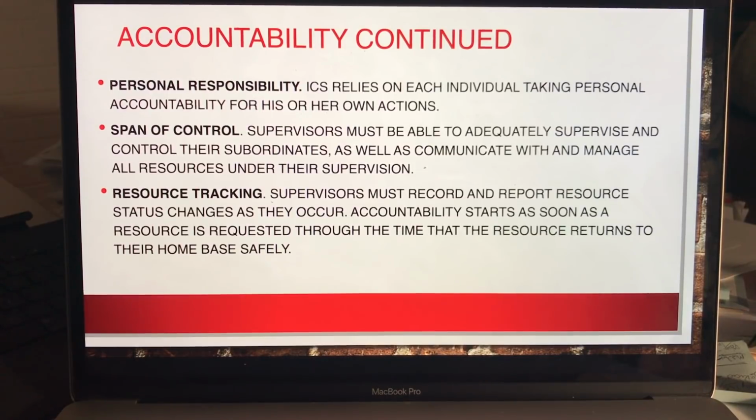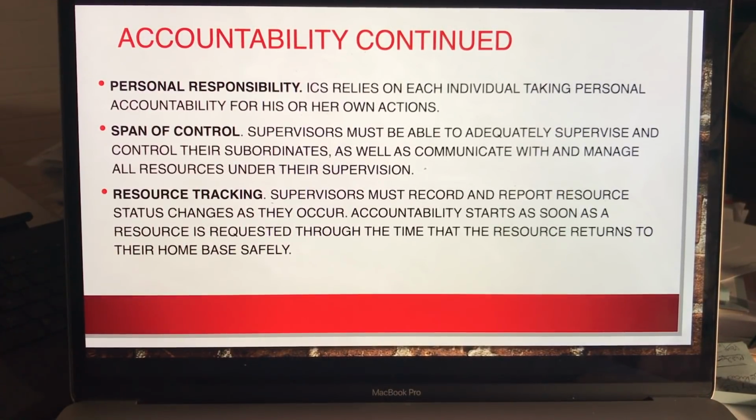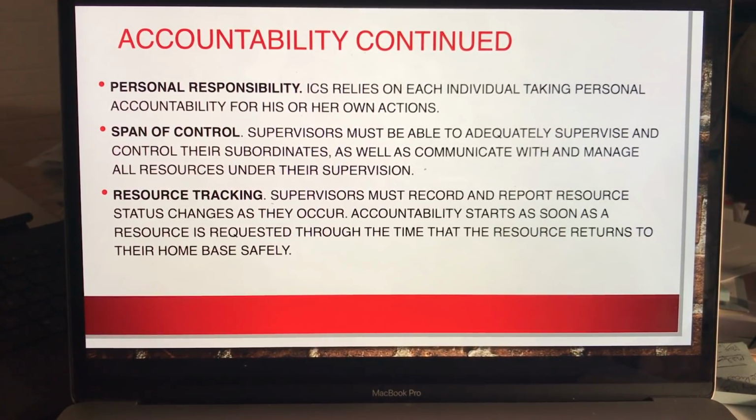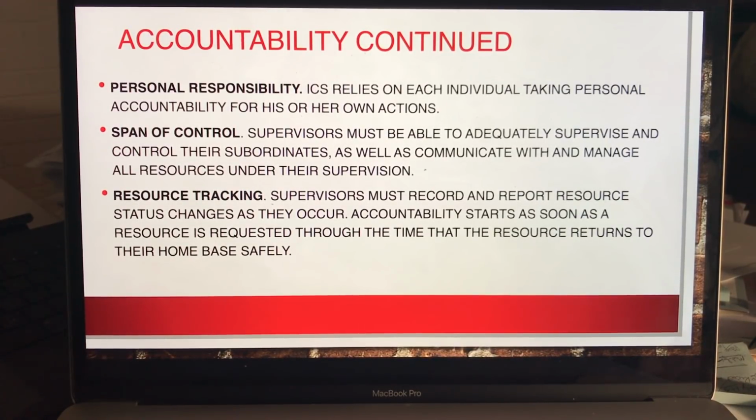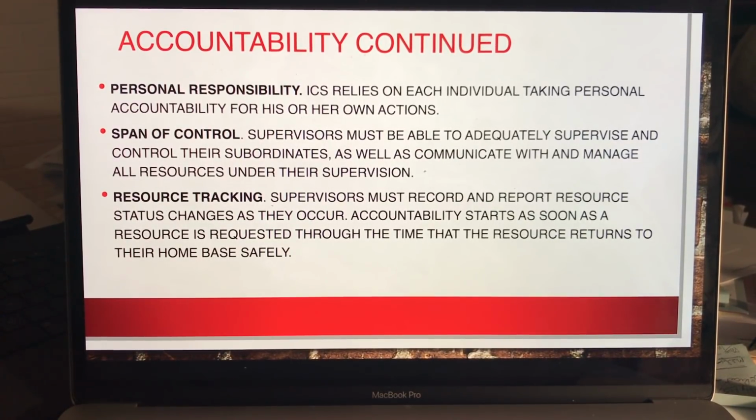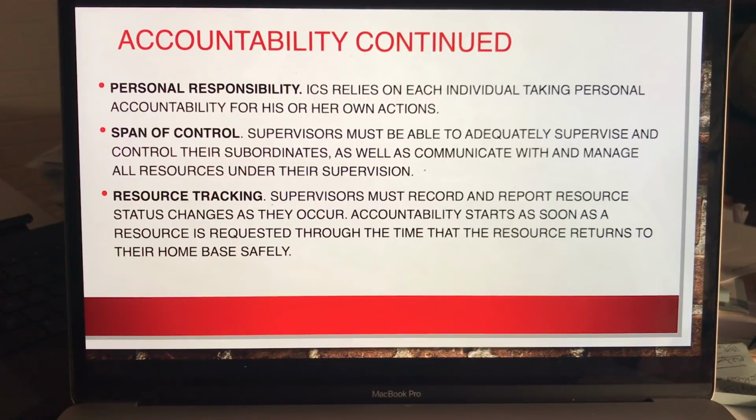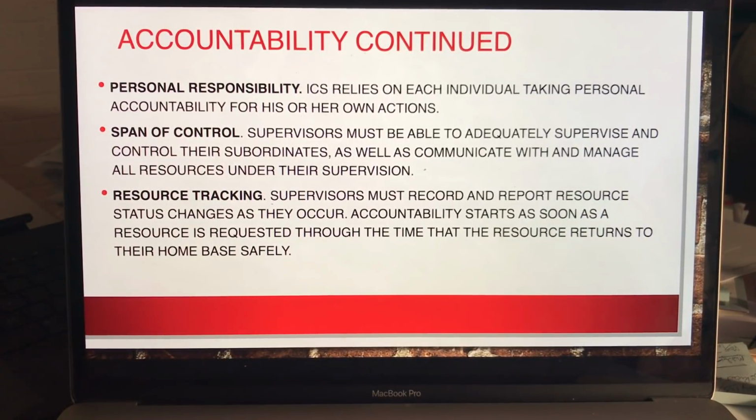Personal responsibility. Incident command system relies on each individual employee taking personal accountability for his or her own actions. Span of control. The supervisors must be able to adequately supervise and control their subordinates, as well as communicate with and manage all resources under their supervision.